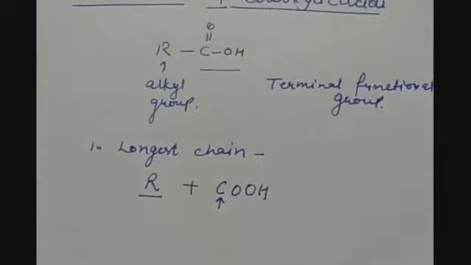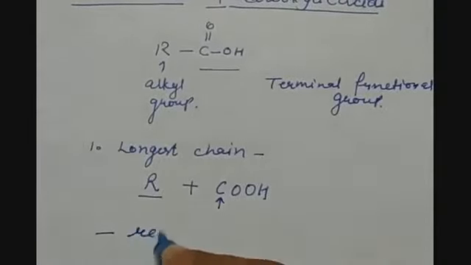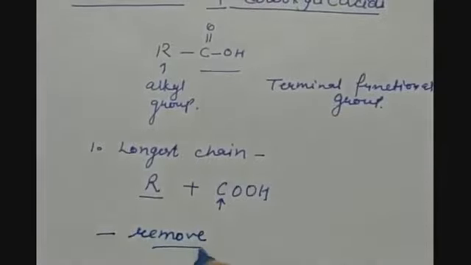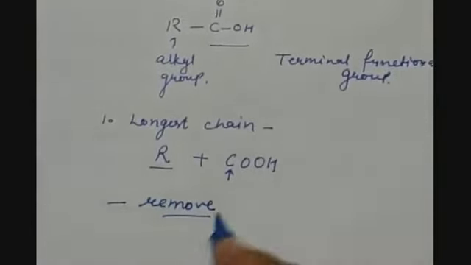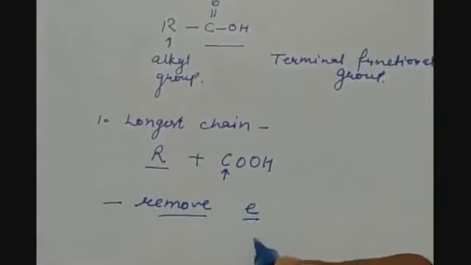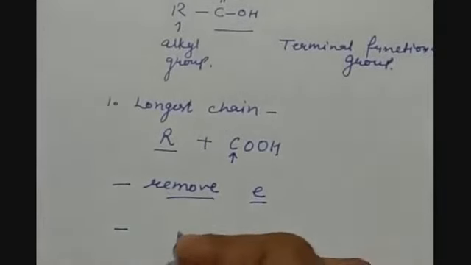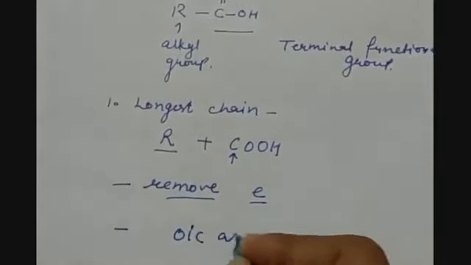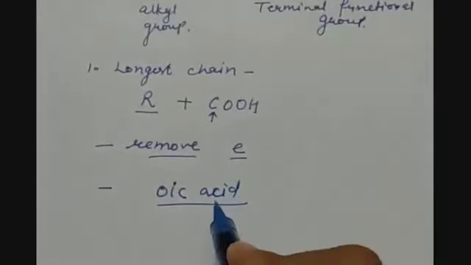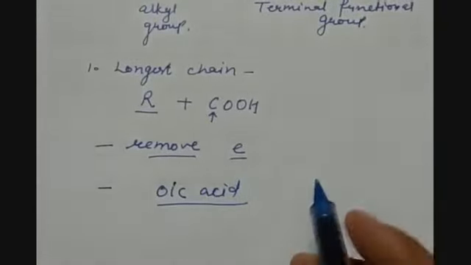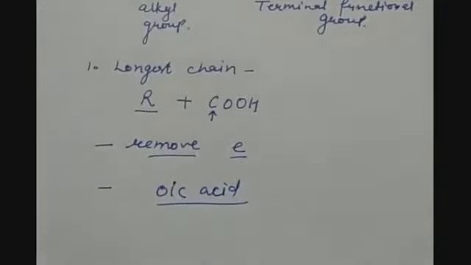So that will be our alkane. Then we have to remove E from the alkane, as two vowels cannot stay together, and as -oic acid is used as the secondary suffix for carboxylic acids, we add it to the alkane.